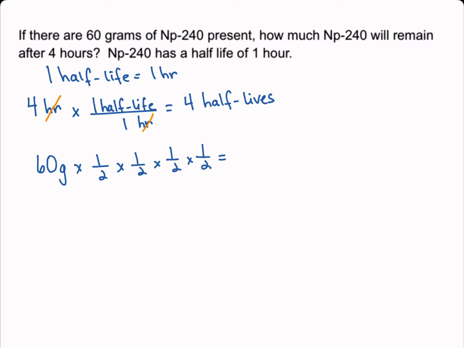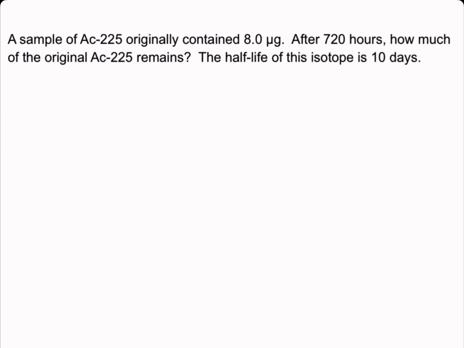This will equal 3.75 grams of Np-240. So if we started off with a 60 gram sample, after 4 hours, this would decay to 3.75 grams of Np-240. Let's take a look at another example.